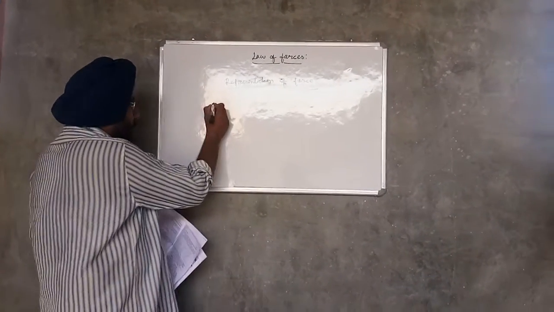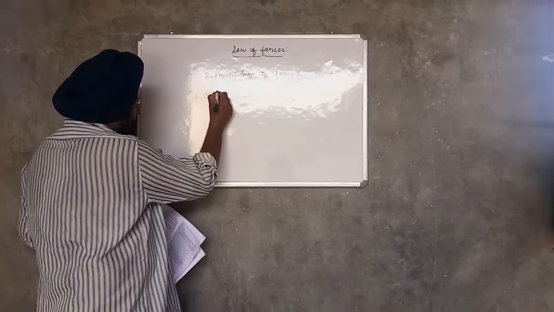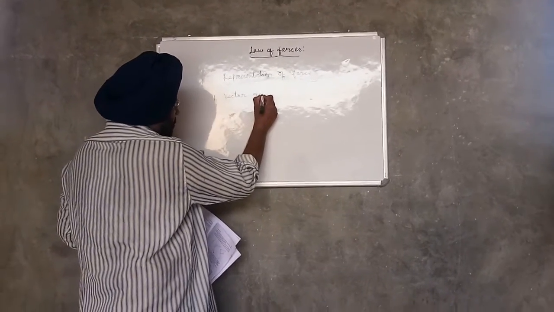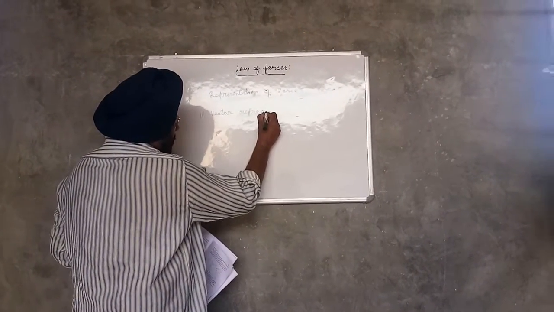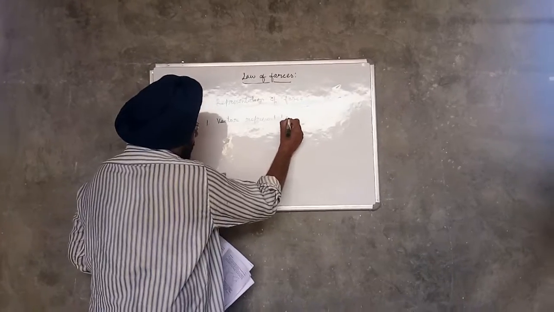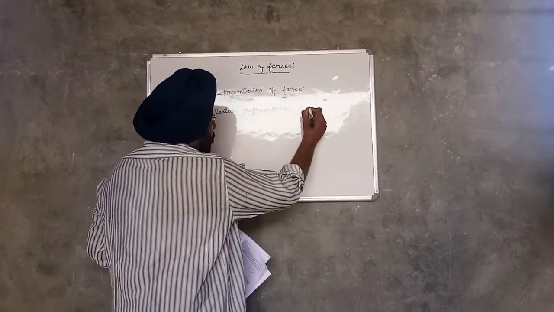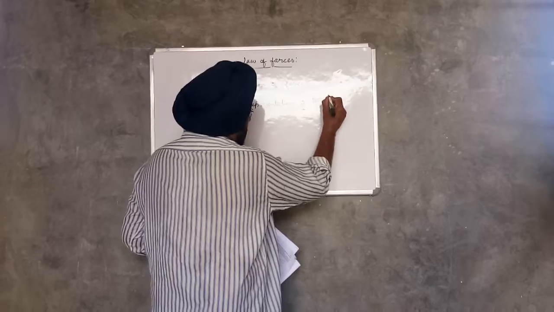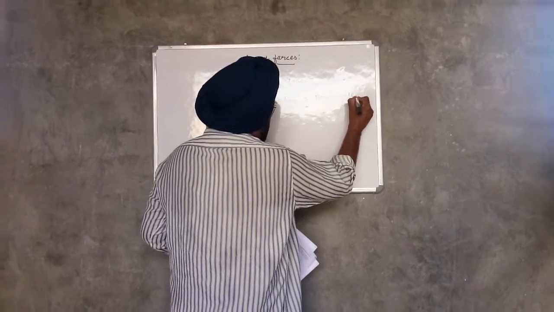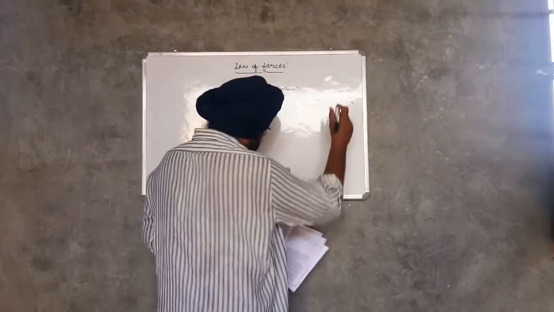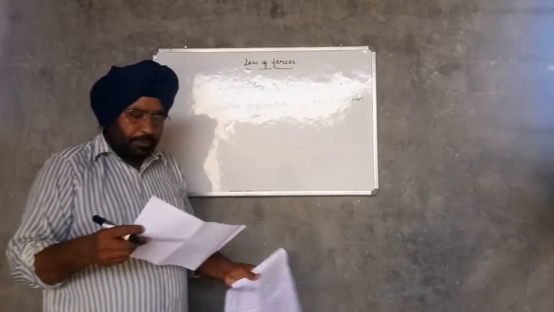First is vector representation, and second is Gauss notation.